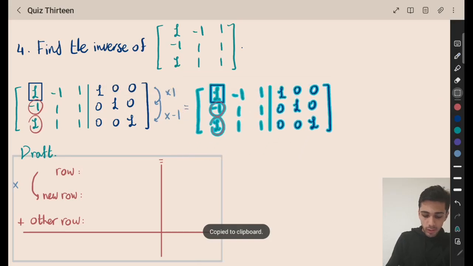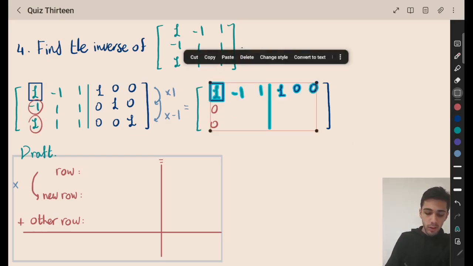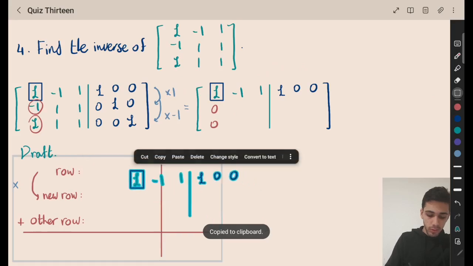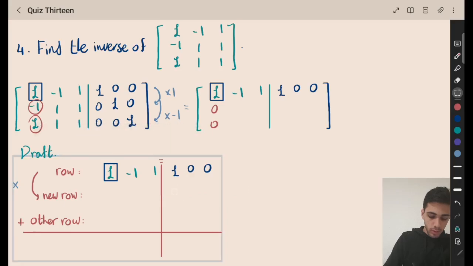So as intended, this should give me 2 zeros here. It will give me some unknown values here, which I need to compute, and I will use my nice table for that very specific purpose. I multiply by 1, that's not too difficult. I get 1, minus 1, 1, 1, 0, and 0.